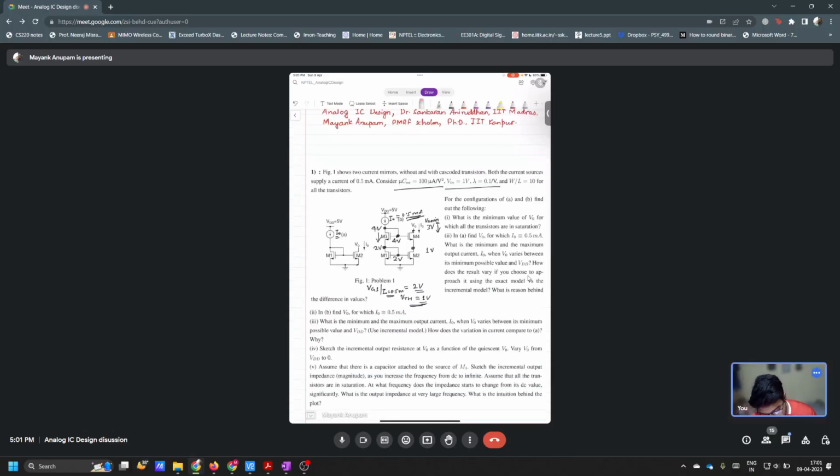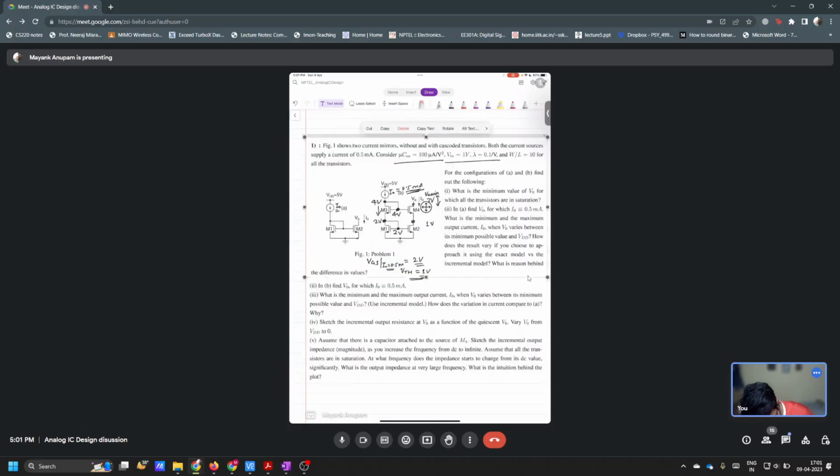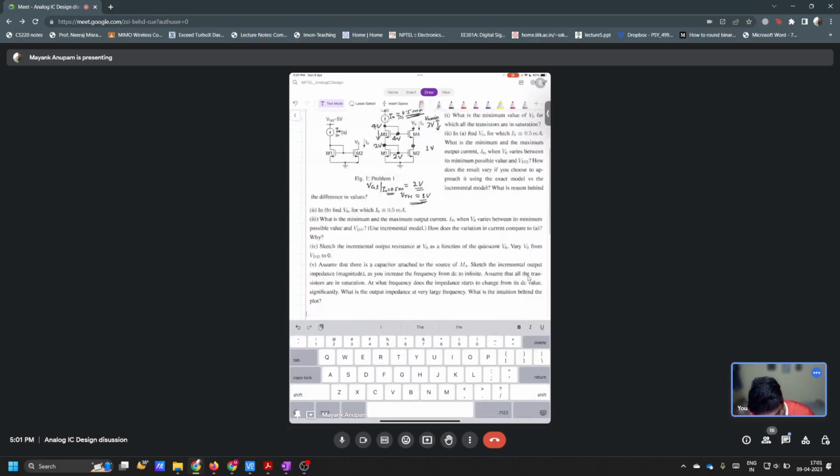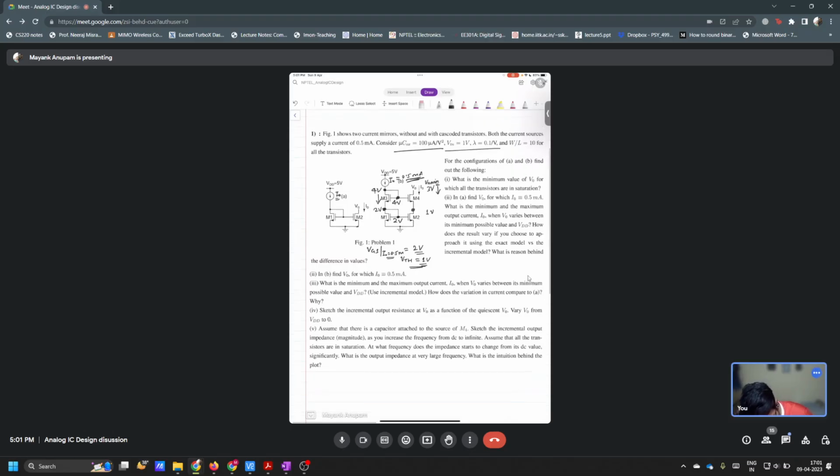Fine. So I was saying that always remember that in a cascode connection, if the output of this cascode starts to go down, then what will happen?